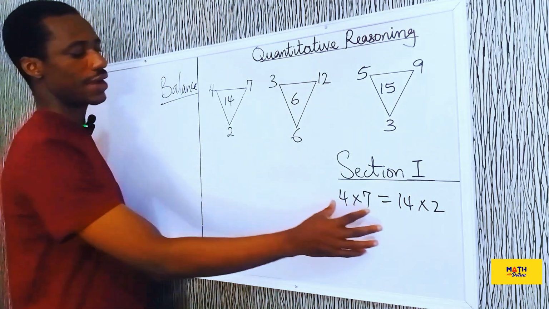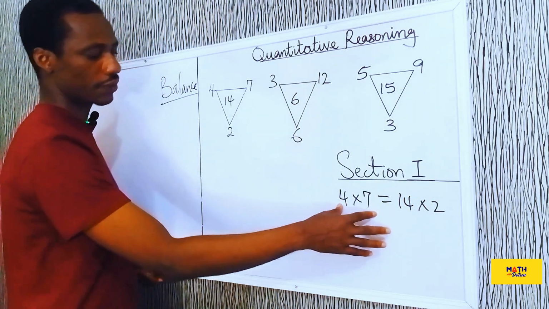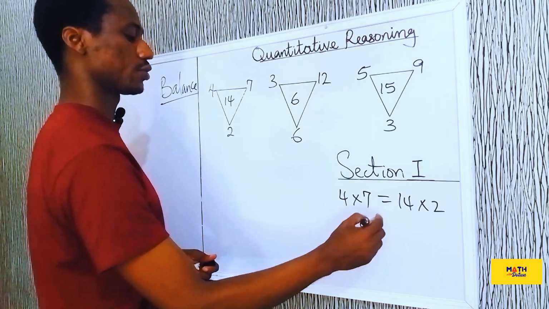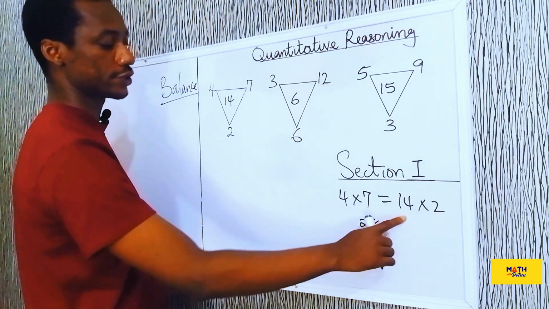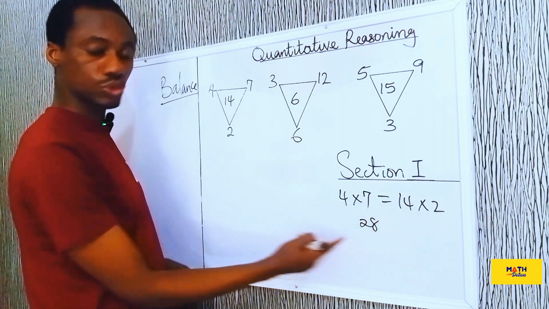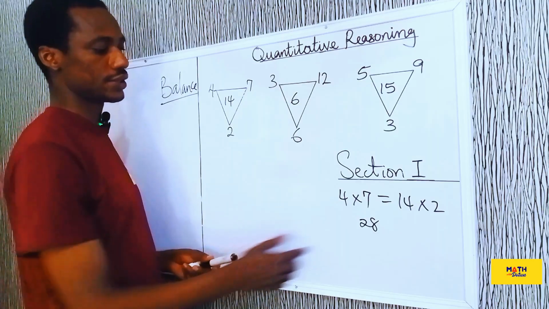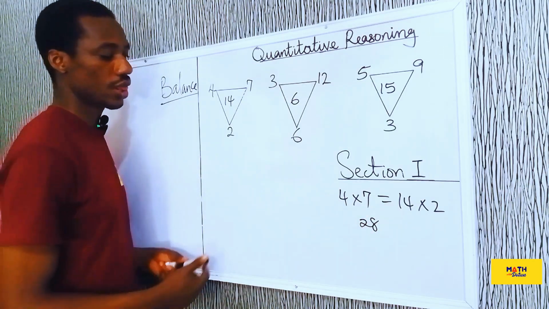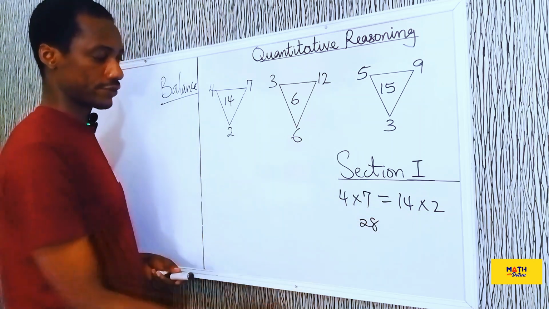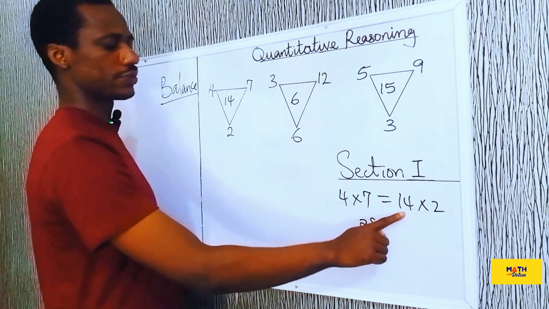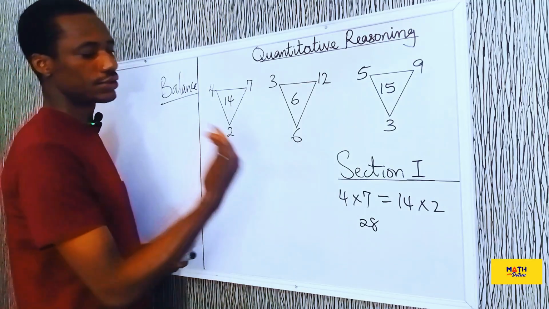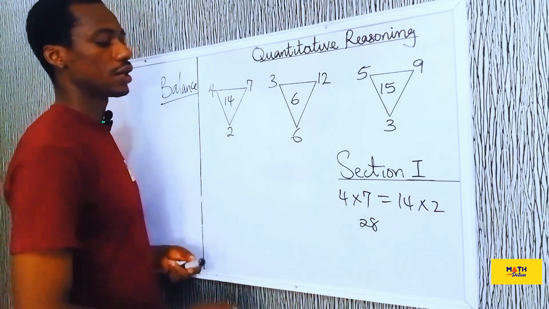All right, so if I have this part complete, which is 28, and I'm looking for 14, I'll just look at what I can multiply by 2 to give me 28. I'll do 28 divided by 2, which is 14. And the same thing, if I'm looking for 2 and I have my 14, I look at what I can multiply by 14 to give me 28, and then I'll do 28 divided by 14, I'll have 2.